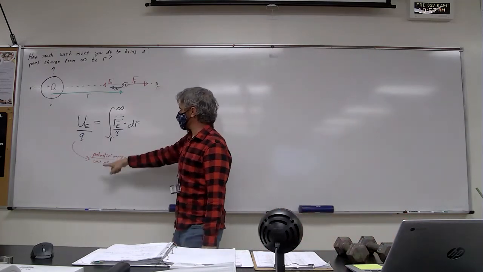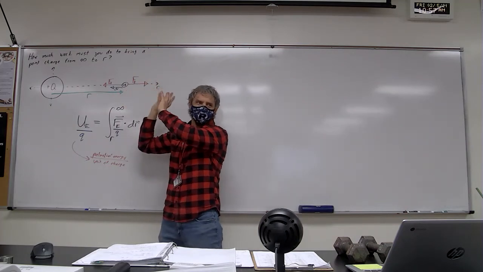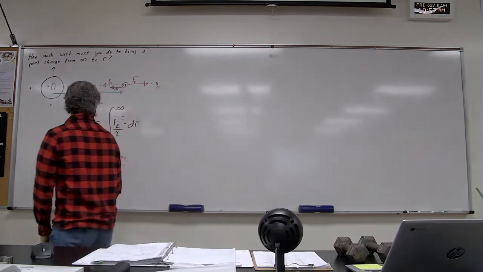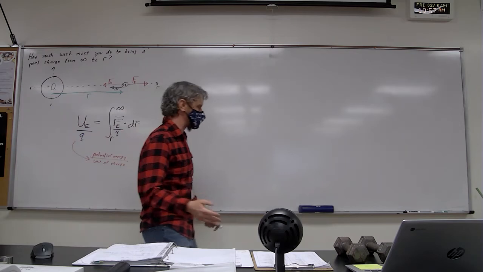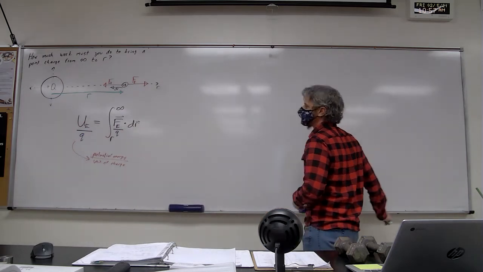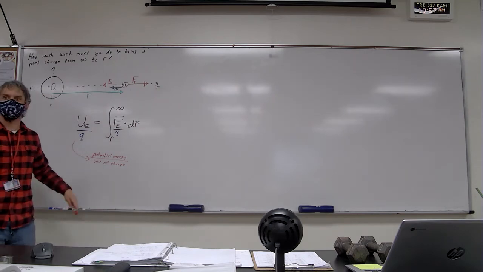This is potential energy per unit of charge. I want more potential energy here, well, I have to put in more charge. That's all that means. But this is very important, this simplifies so many things. It is kind of abstract, which kind of sucks, but it makes so much sense when you actually start dealing with circuits.